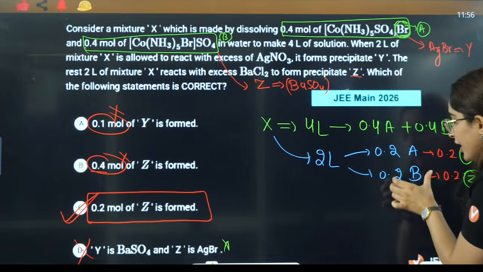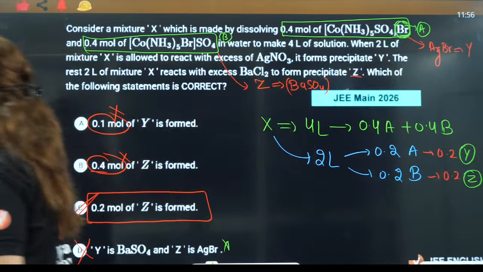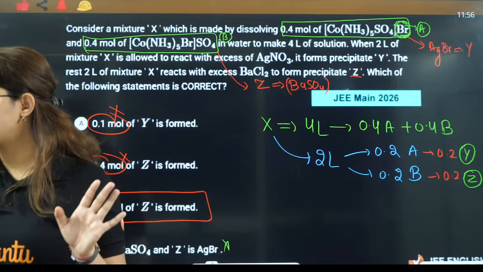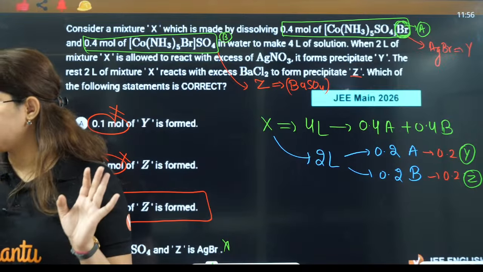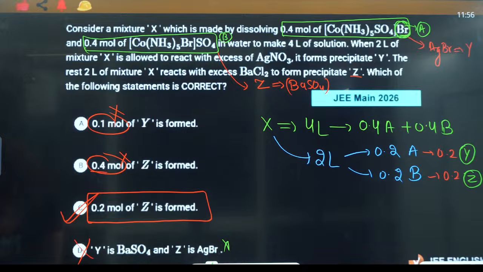If I use 0.2 of B, only 0.2 of Z will be formed. Right? Is that clear, guys, or not?